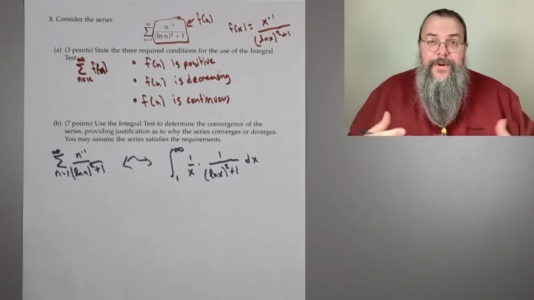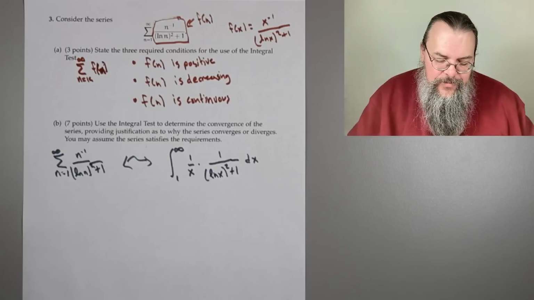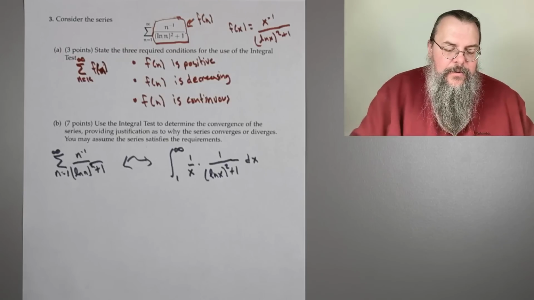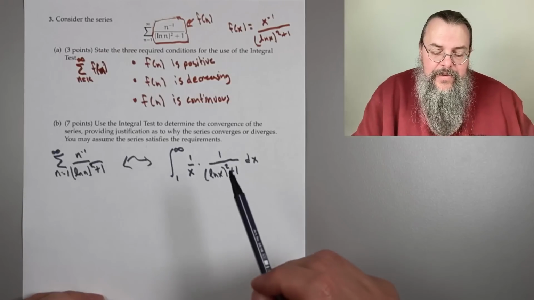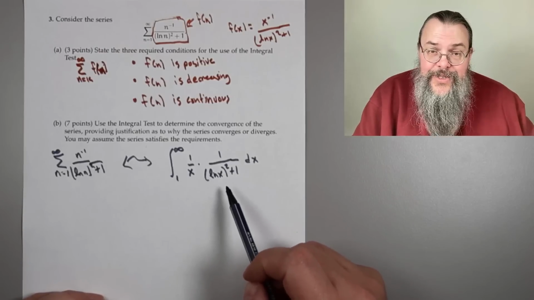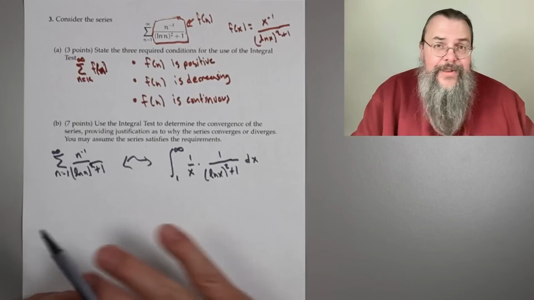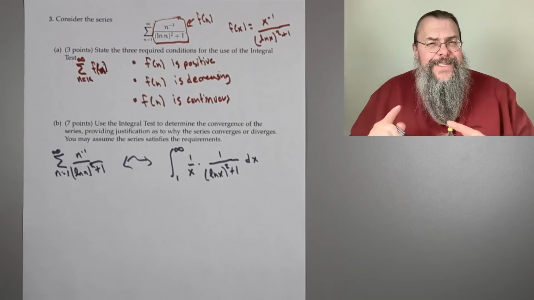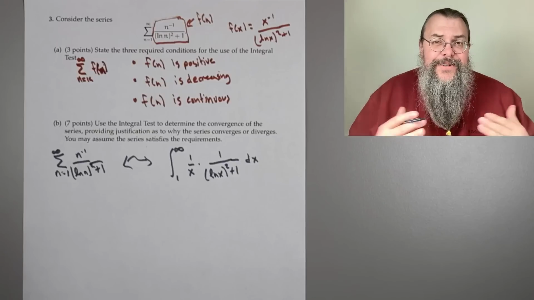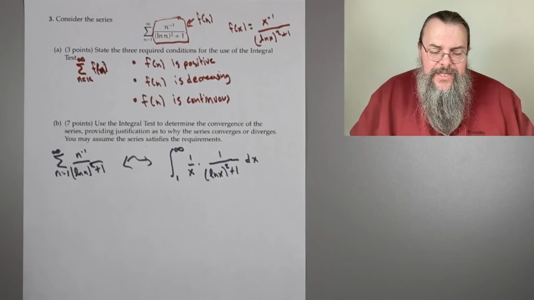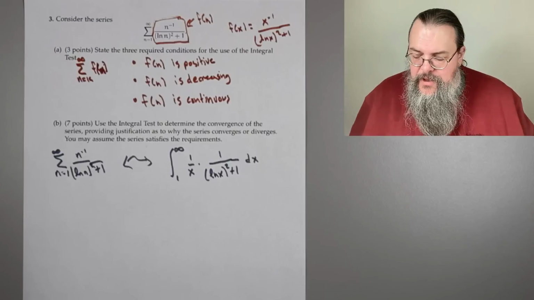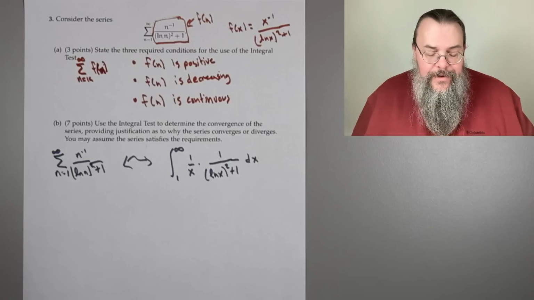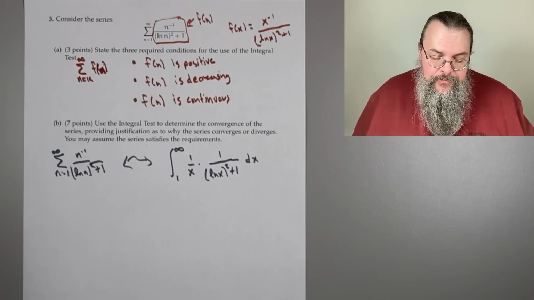So whether or not this converges is the same thing as whether or not this converges. They're not, as I said, the same value, but they're actually a little bit close. And that's the whole punchline. We can use the integral test to actually get some bounds on behavior if we really wanted to and did some work. But we're not asked to do that.